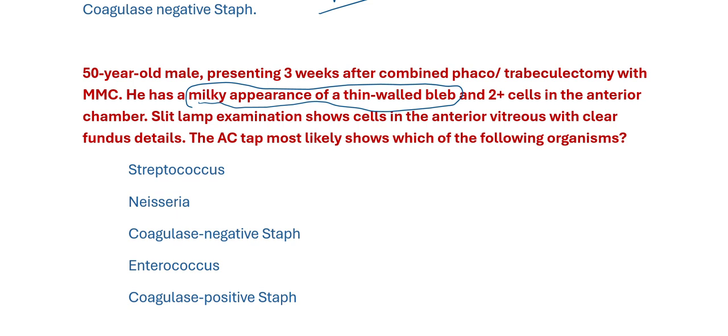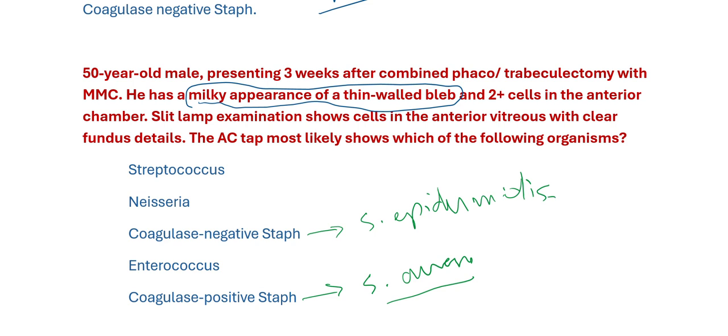So for these options, just to let you know, coagulase positive staph is Staph aureus, and this can cause postoperative endophthalmitis as well, but not as common as staph epidermidis, which is the coagulase negative. The answer here is coagulase negative staph. It's exactly the same like after cataract surgery.